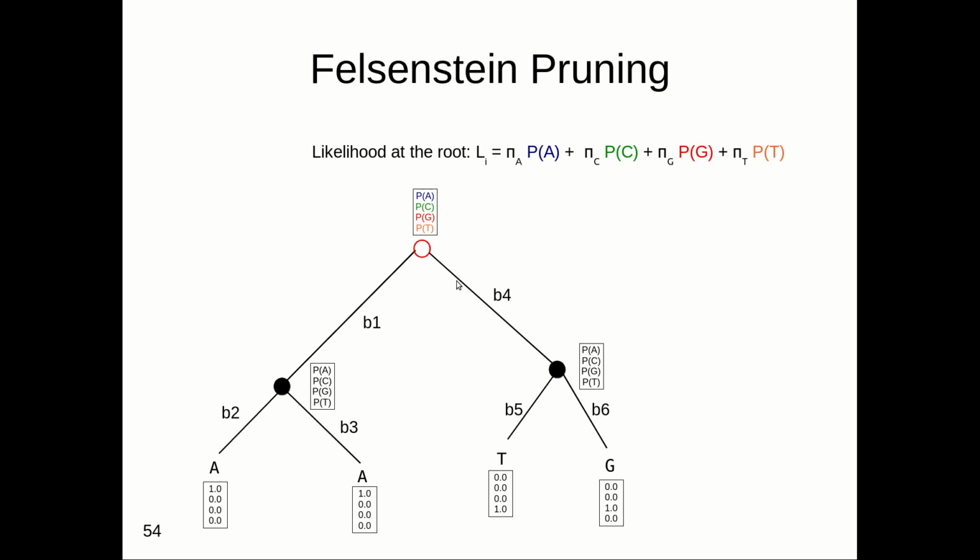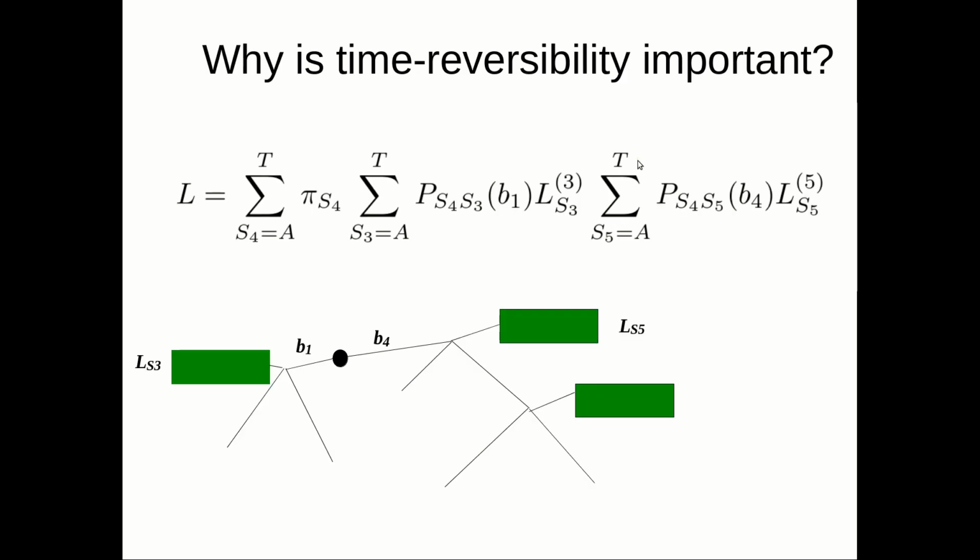And now the missing part is that we need to multiply those probabilities with a prior probability or stationary frequency of observing an A. So the likelihood at site i is just the prior probability of A multiplied with the conditional probability of A, plus the prior probability of C multiplied with the conditional probability of C, etc., etc.